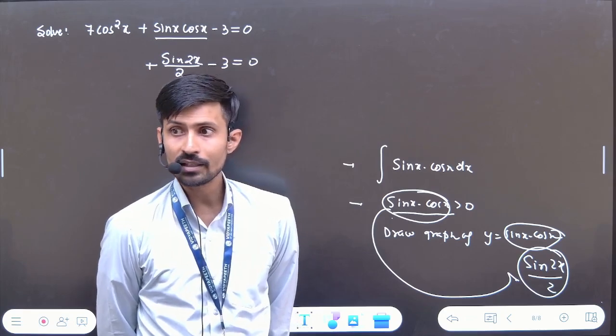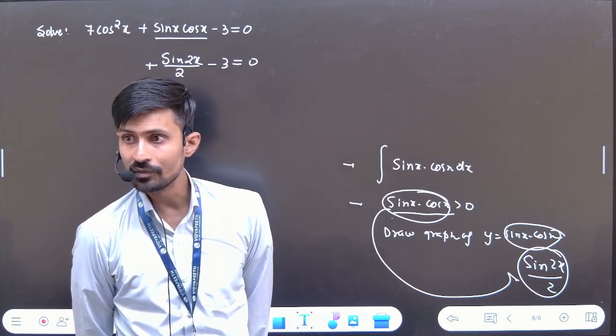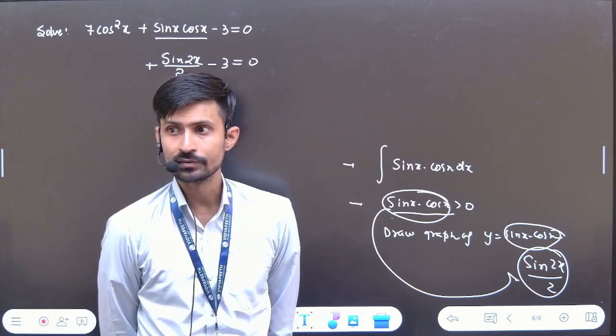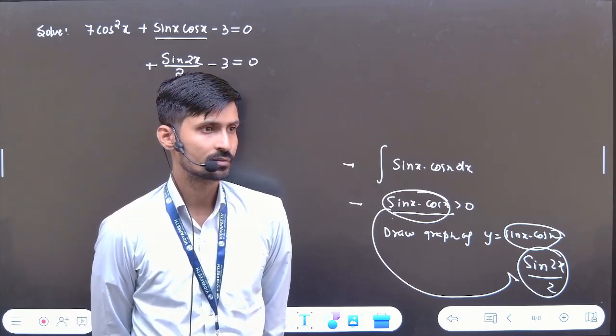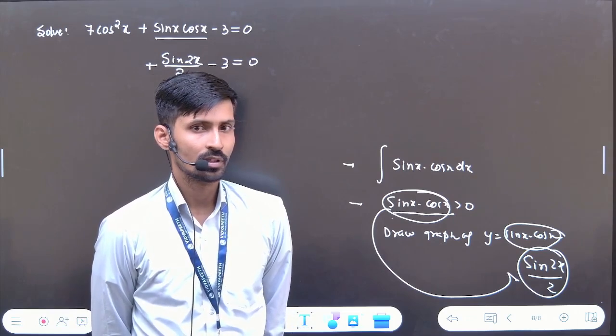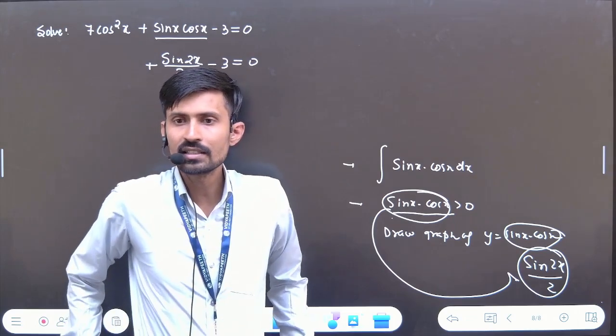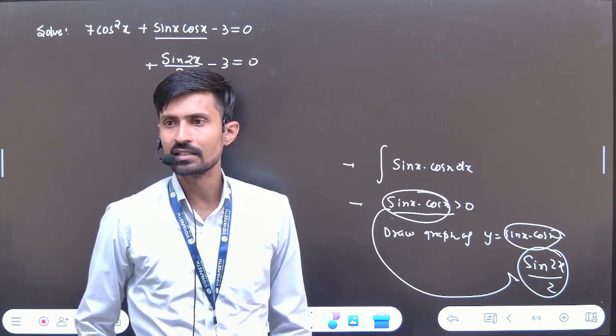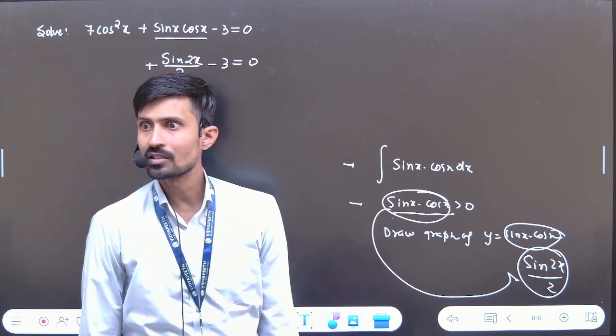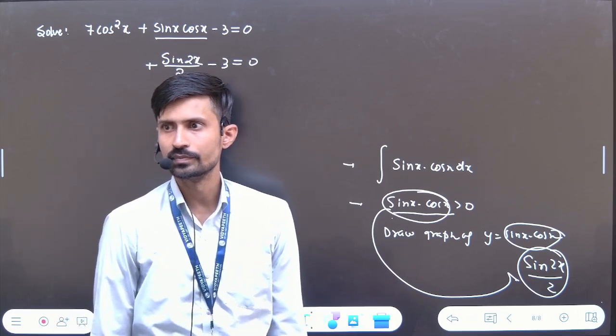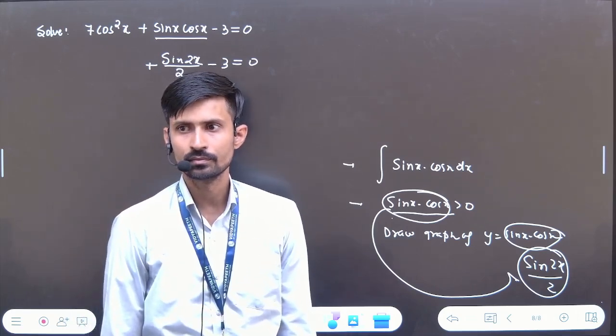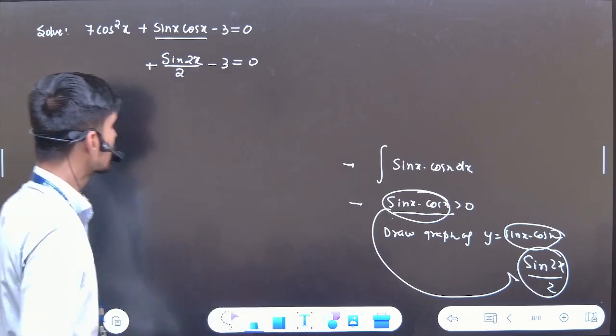Cos square x has a formula directly connecting with 2 theta. 1 plus or 1 minus? 1 plus cos 2 theta by 2.